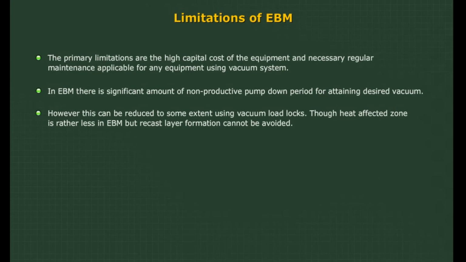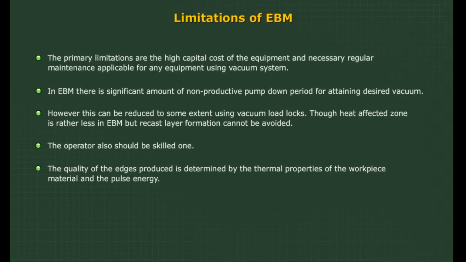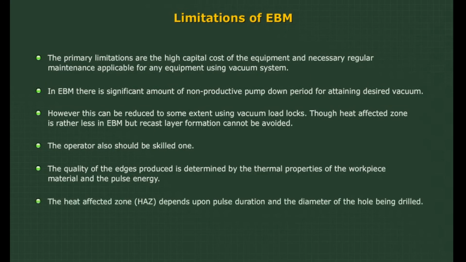Though heat affected zone is rather less in EBM, recast layer formation cannot be avoided. The operator also should be a skilled one. The quality of the edges produced is determined by the thermal properties of the workpiece material and the pulse energy. The heat affected zone, HAZ, depends upon pulse duration and the diameter of the hole being drilled.